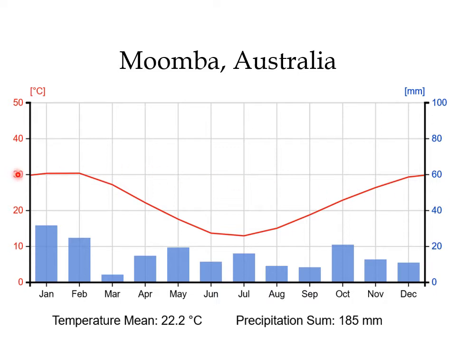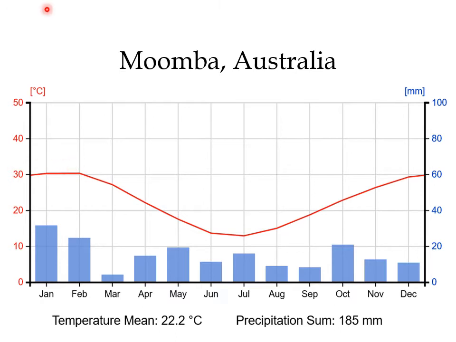And the temperatures change. We can see they have a temperature range quite different, quite wide. The coldest month, July, will be 13, 12, and the hottest one, February, will be more than 30.